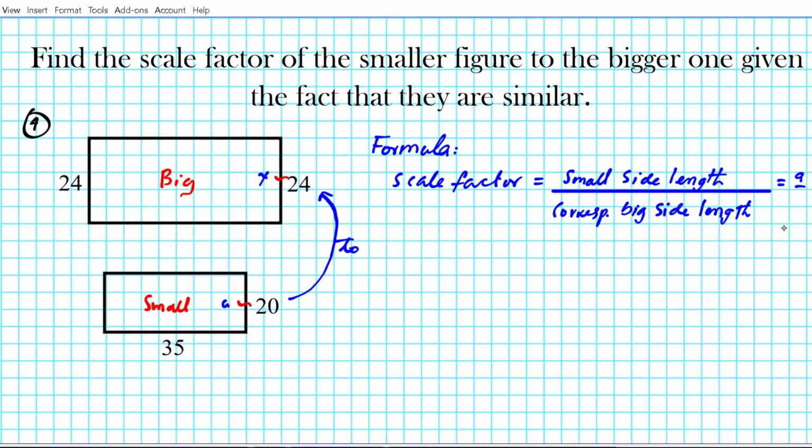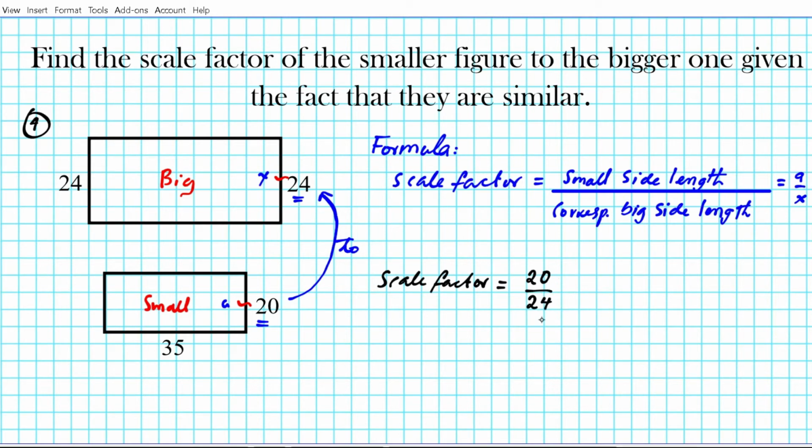So A over X. Just divide 20 by 24. The scale factor is going to be 20 divided by 24, written as a fraction.